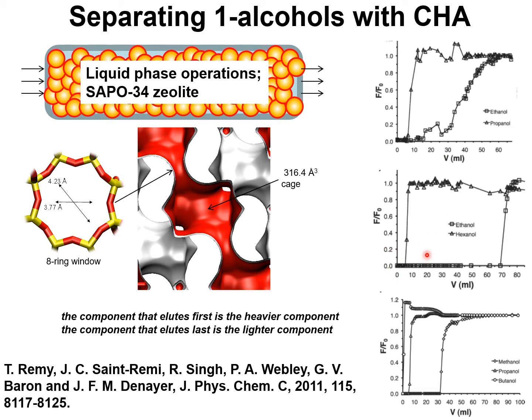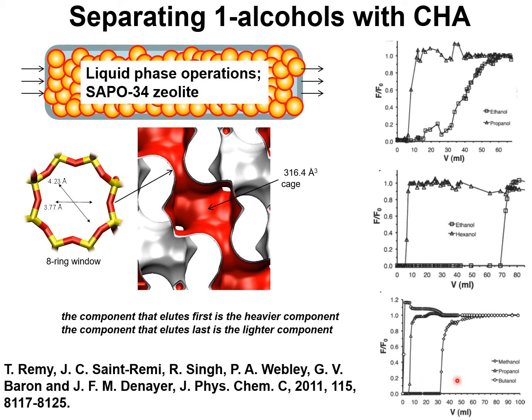Here is a breakthrough experiment for equimolar mixtures of ethanol and hexanol. The first component to break through is the longer 1-hexanol, and the last component to break through is the shorter ethanol.